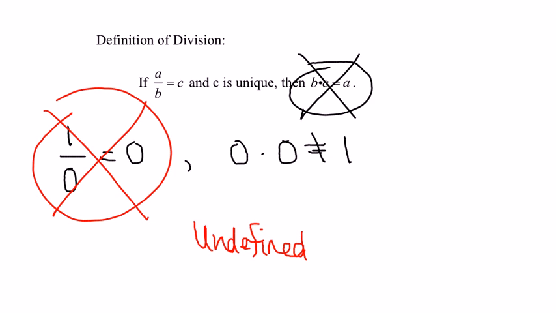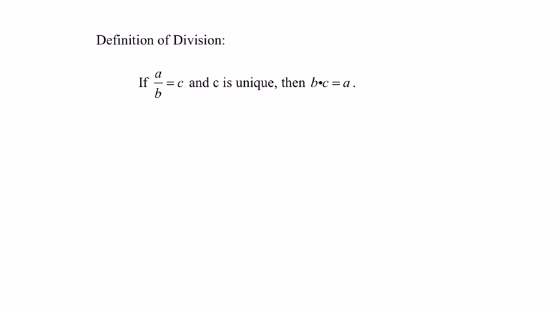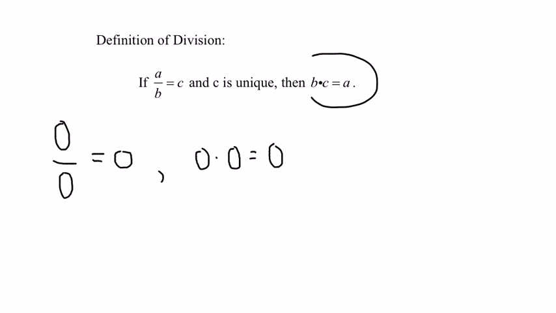Now for our next example, sometimes we come across 0 divided by 0. I think all of us can agree that we can put in a 0 there and the second part is satisfied, because 0, which is our B, times 0, which is our C, does equal our A, which is 0.